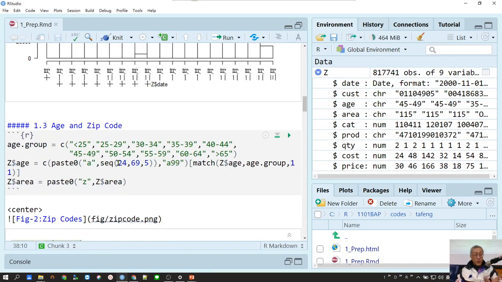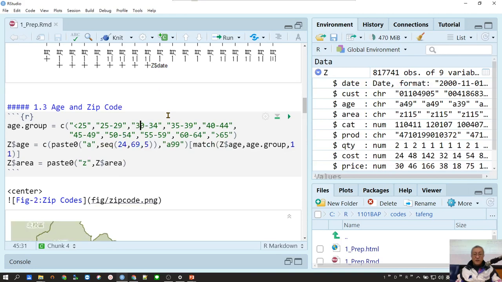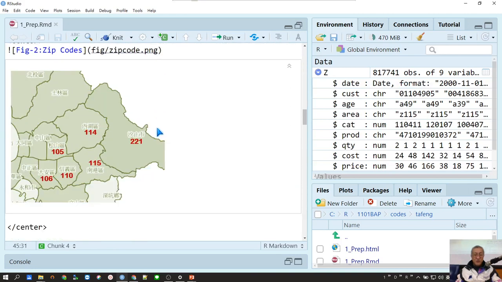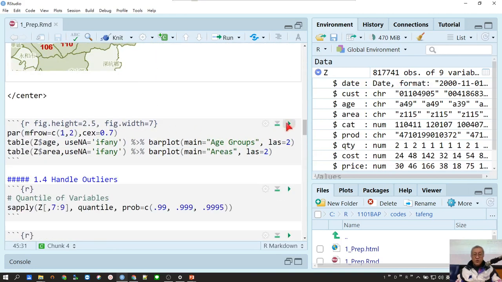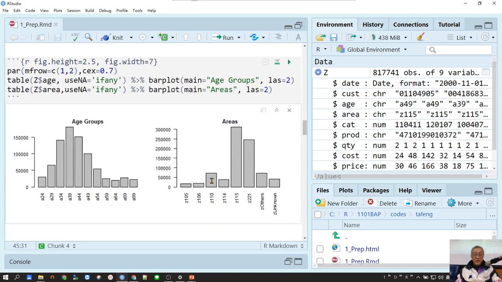Okay. And we have age group, right? Because in the original data the age group looks like this, and it's quite confusing. So we do some conversion, right? So you can see this.